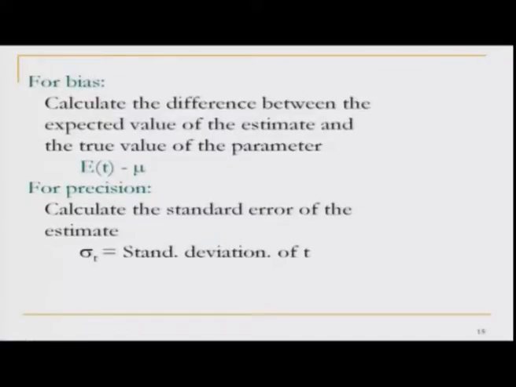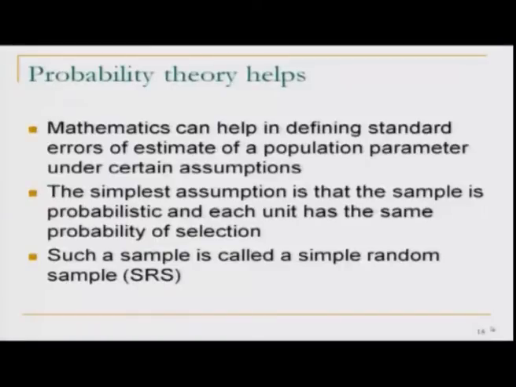For bias, calculate the difference between the expected value of the estimate and the true value of the parameter: expected value of t, if t is the estimate, minus mu, if mu is the parameter. For precision, calculate the standard error of the estimate, or sigma t, or standard deviation of t over all possible samples. Now, probability theory is mathematical.